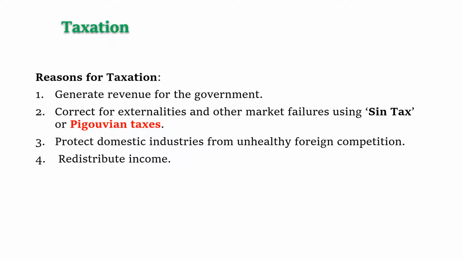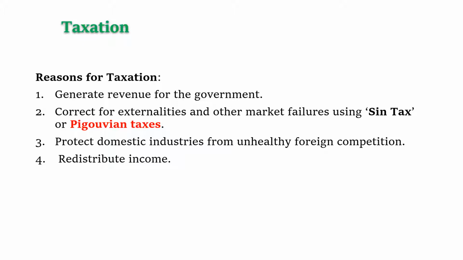They're polluting the environment. So government is going to step in to levy a Pigovian tax. In other words, it's called the sin tax on these producers to cut down on the amount of pollution that they produce. So the pollution that they produce as a result of their production process is an externality.